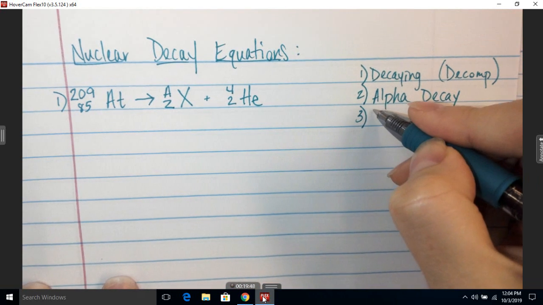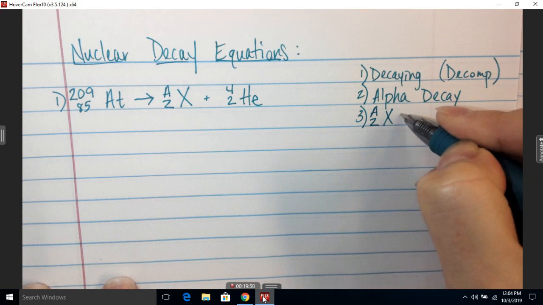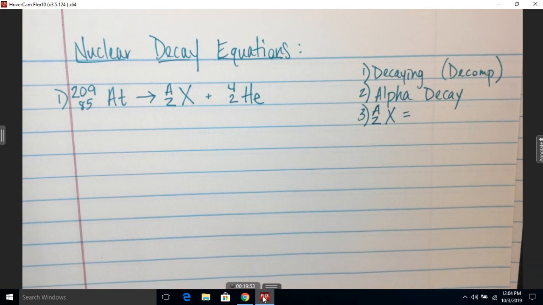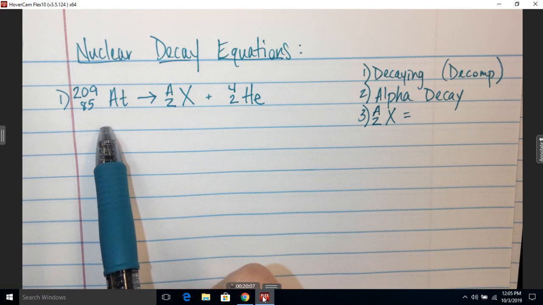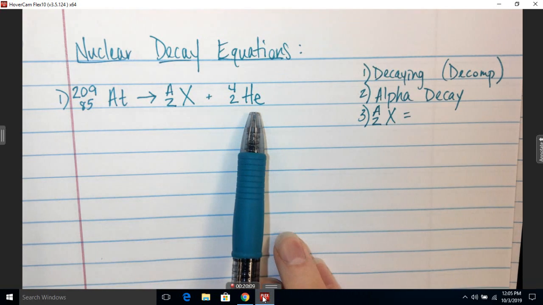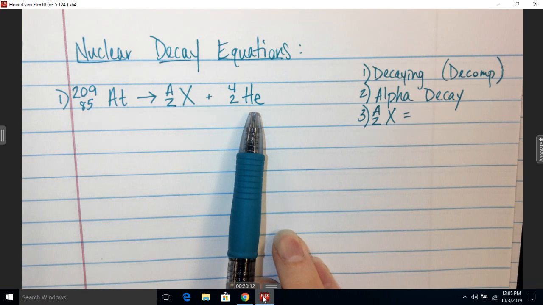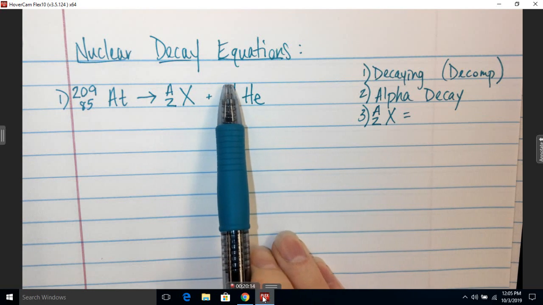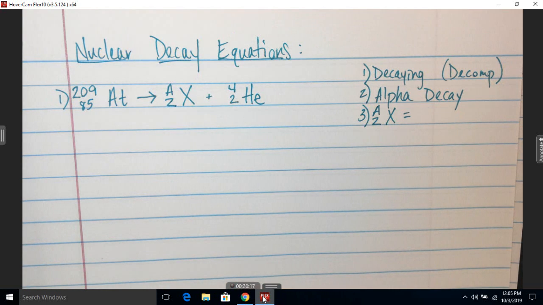Now, we need to figure out what AZX is equal to. AZX, that's just some letters to hold the place. Okay? But we need to calculate it. So, I've got this guy, and he breaks into this and this. He lost 4 particles from his nucleus. Didn't he? Yeah. So do you have any guess on what our mass is?